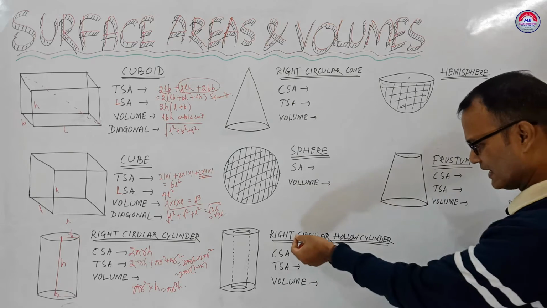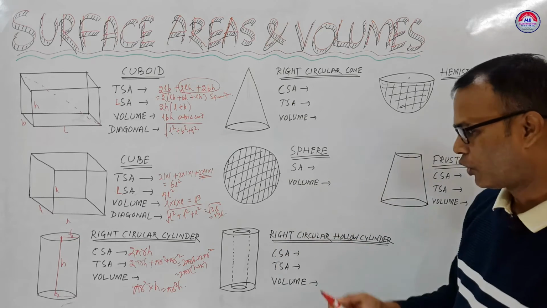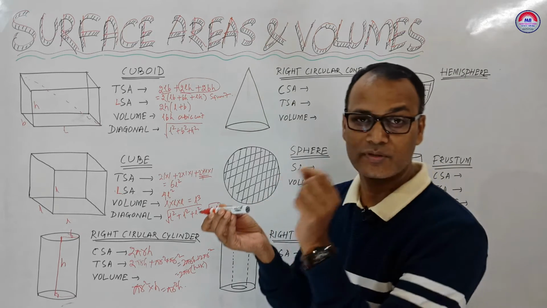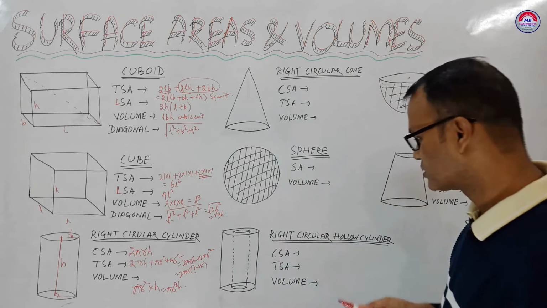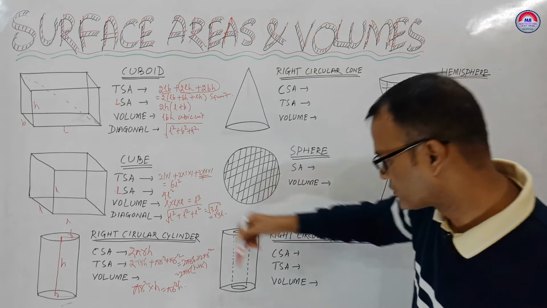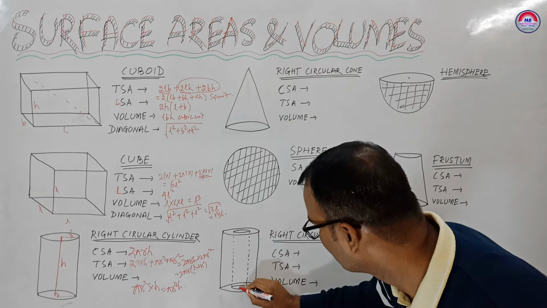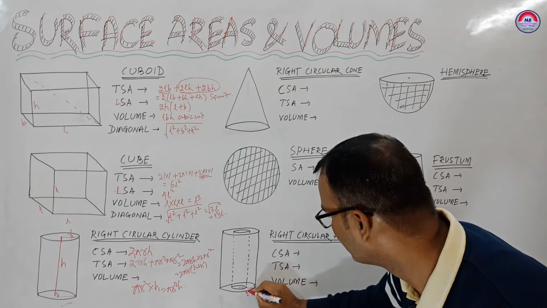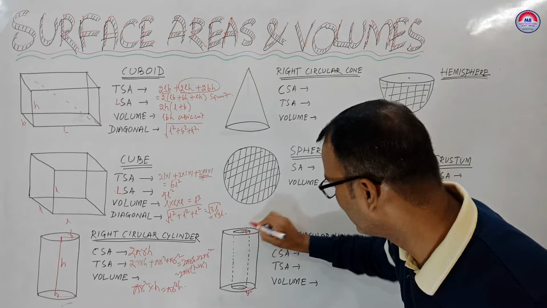Now see, the right circular hollow cylinder. Hollow cylinder, you have seen a pipe. For the right circular hollow cylinder, curved surface area, total surface area. How to find the curved surface area? If you take outside radius capital R and inside small r.